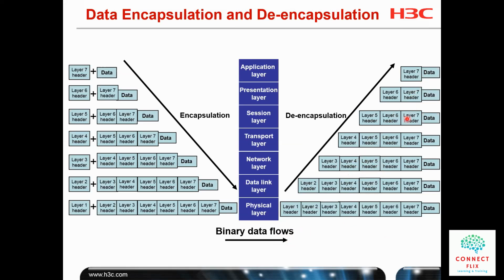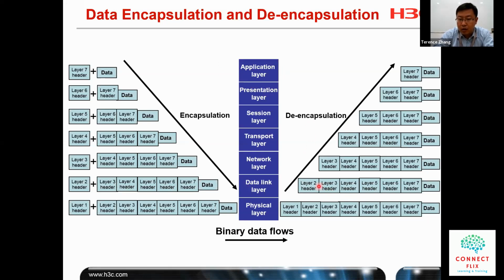So logically, although the real information is sent as a binary bit stream on the physical line, after the de-encapsulation we can see that every layer receives their own PDU, their own information, from their peer, logically, right? That's why we call this peer-to-peer communication.